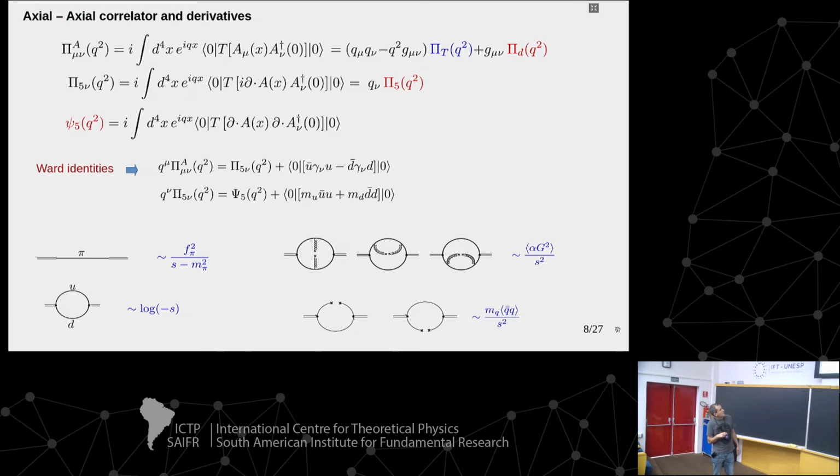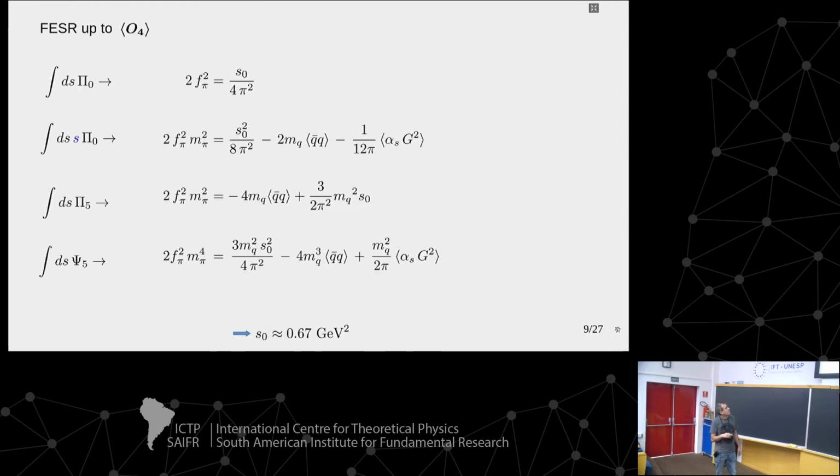So from the hadronic sector, for example, we can consider just pions, and then the perturbative part, the typical quark condensate diagrams, the gluon condensate, which is proportional to alpha_s squared, and also the quark condensate.